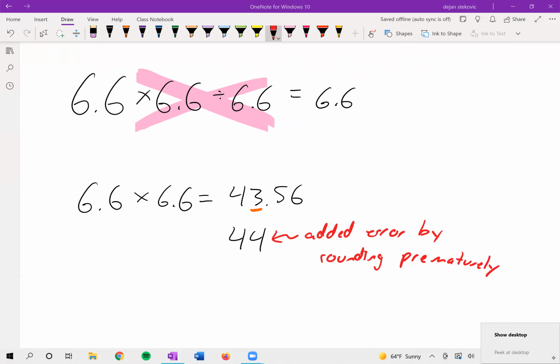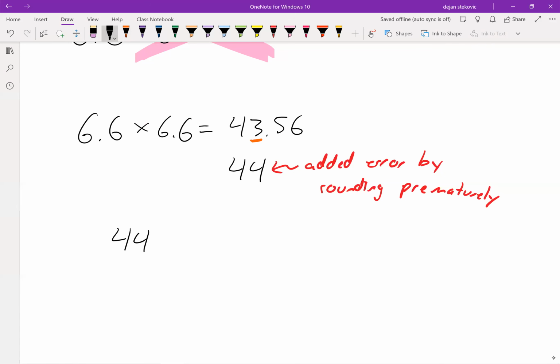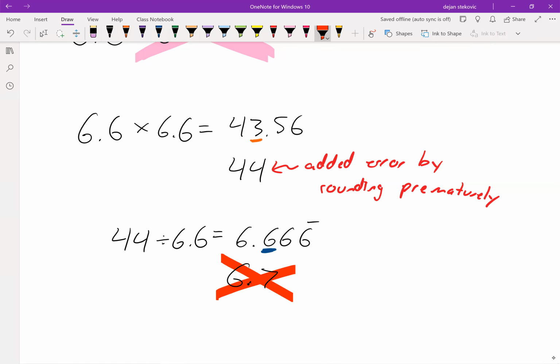Right, so let's take a look at when we do this 44, and then we divide it by 6.6, your answer comes out to be 6.666 repeated, right? Again, if we think about how many sig figs we have here, we have 2 each, so that's our uncertain digit. So then your answer rounds to 6.7, right? That's not 6.6, and that is not the correct answer for these mathematical operations.